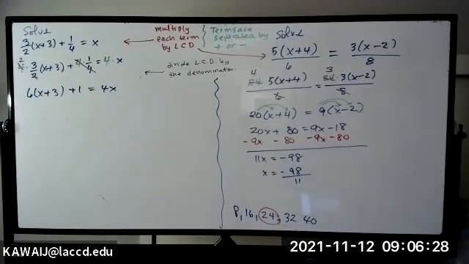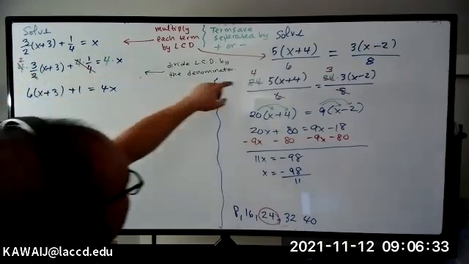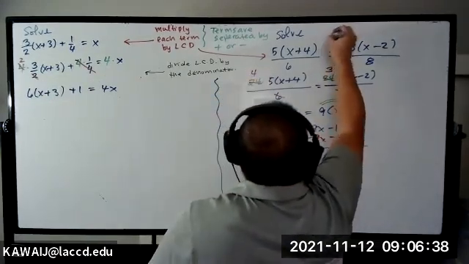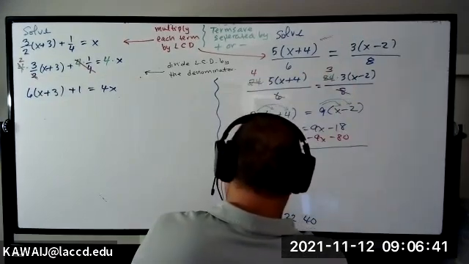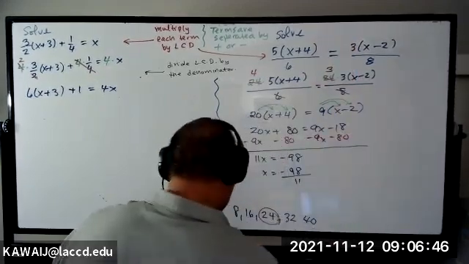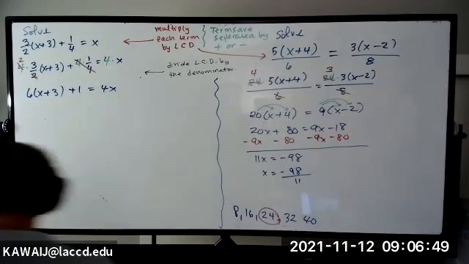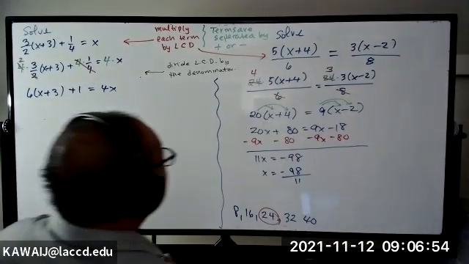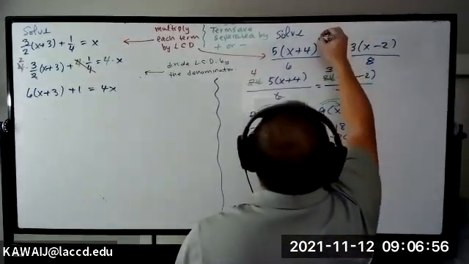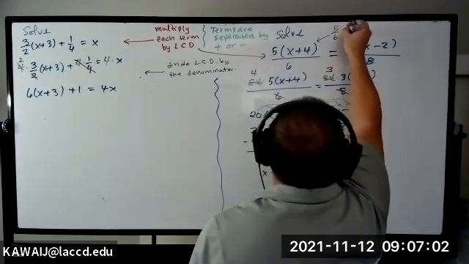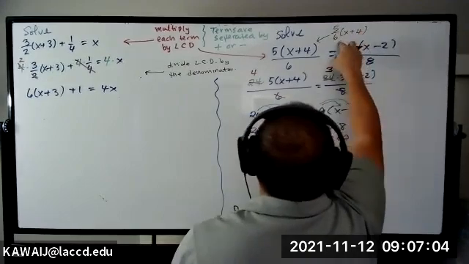See, you can see that it basically works the same way. This is pretty much the same as this. If you thought of this as 5 over 6, x plus 4, this and this are the same thing.